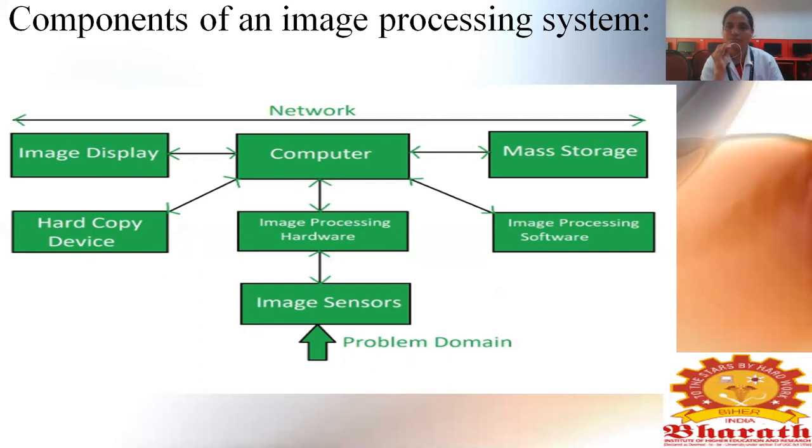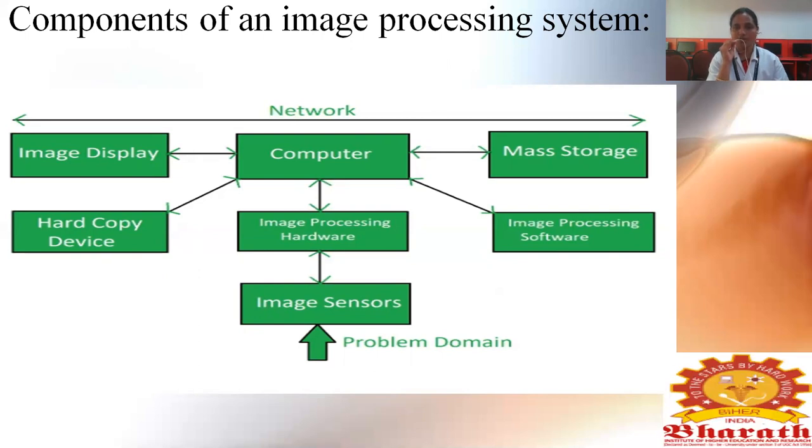When you want to process images, you have to store each and every pixel which you have updated. So for storing all the pixels as well as the images, you need mass storage. Here the image sensor acquires images and they can be processed by your hardware system. Then it is fed to the computer.